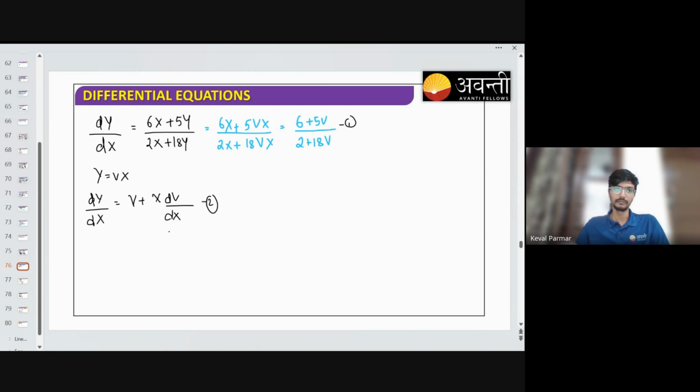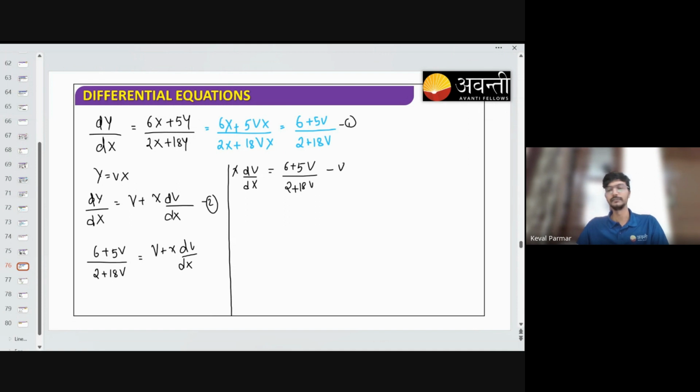Then I'll substitute 1 and 2. If I substitute 1, I'll get 6 plus 5v upon 2 plus 18v equals v plus x dv over dx. If I simplify it, I'll get x dv by dx equals 6 plus 5v upon 2 plus 18v minus v.